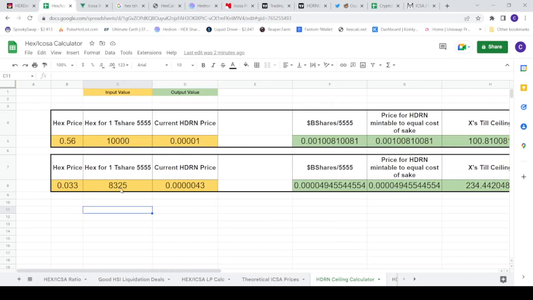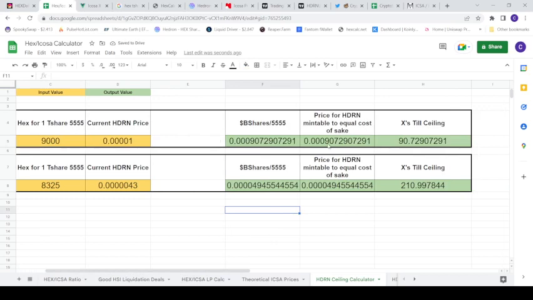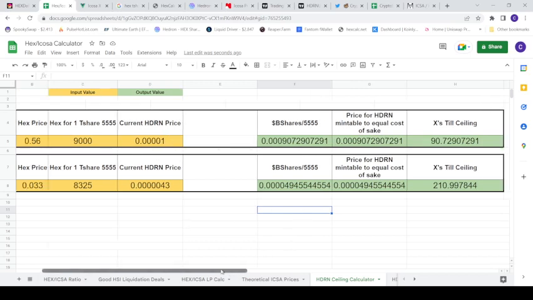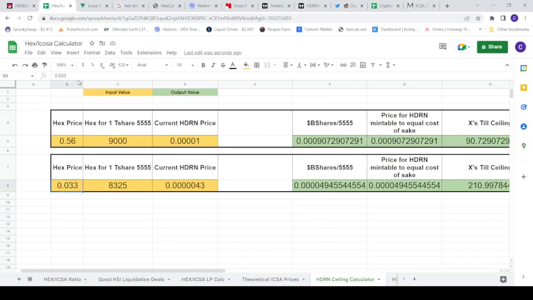Now let's play with the T-share rates a bit. Let's bring it down to 9,000. So what that did is it basically brought down the ceiling price for Hedron. Now let's try 10 cents, and then 4 zeros and a 1.